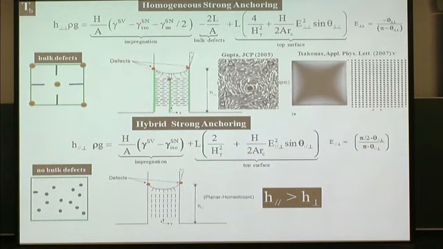The key effect is that the impregnation, due to the orientation, reduces the impregnation force and increases the energy in the bulk. So this is a minus term. It means as the column rises, you're creating energy in the system. So some of the impregnation force is being wasted in creating the energy.